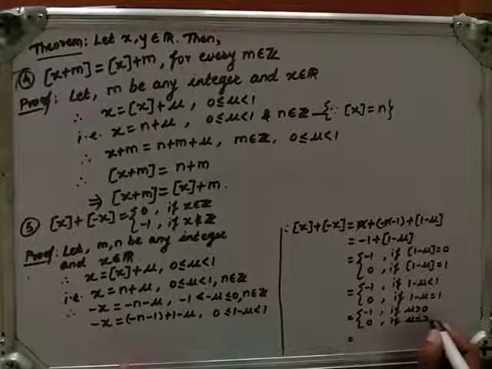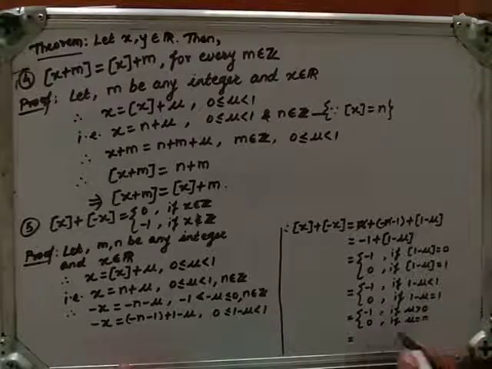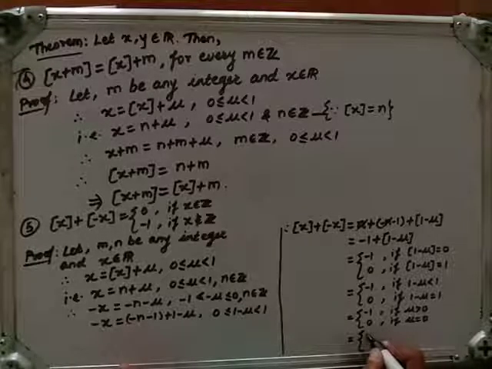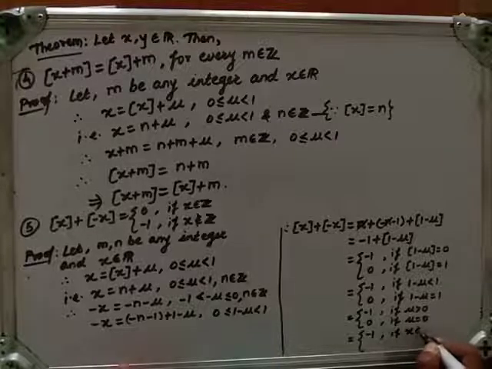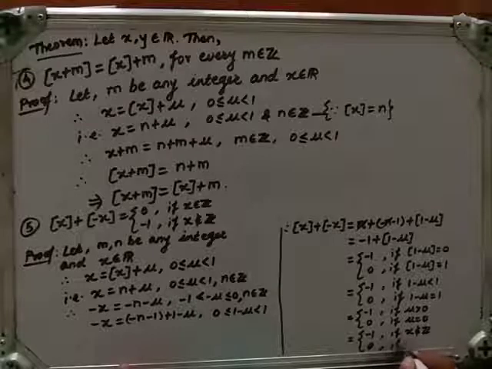So, mu greater than 0 means x doesn't belong to the set of integers. So, it is minus 1 if x is not in the set of integers, and it is 0 if x belongs to the set of integers. Fine.